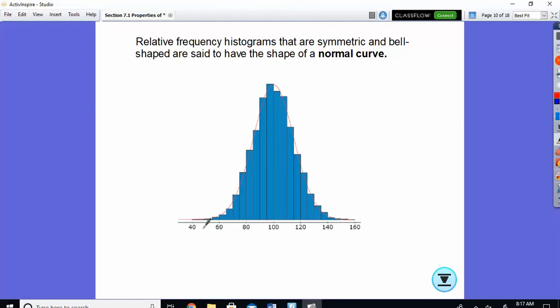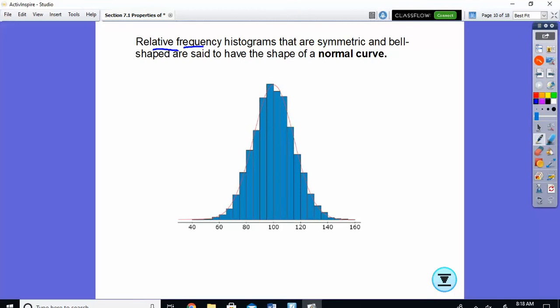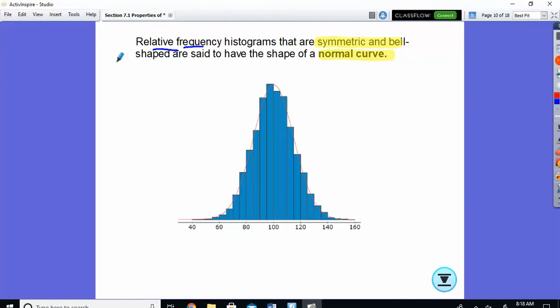We have drawn histograms before. And relative frequency histograms, remember, it's just kind of like those rectangular bars. If you were drawing relative frequency, that's just like your probability of each one. What you need to know is when I talk about the normal curve, our histogram has to be symmetric and bell-shaped.